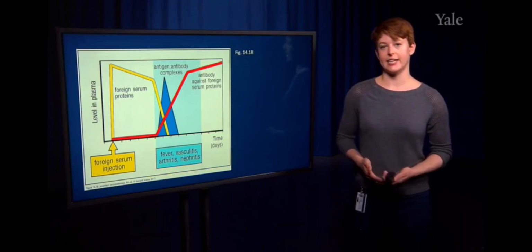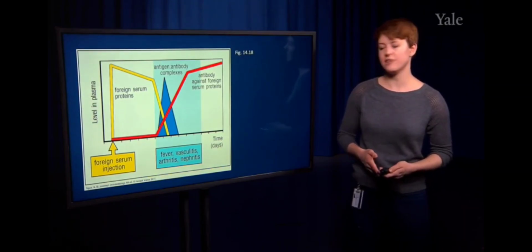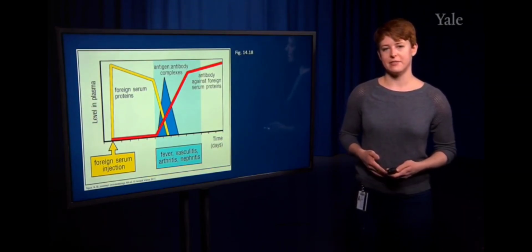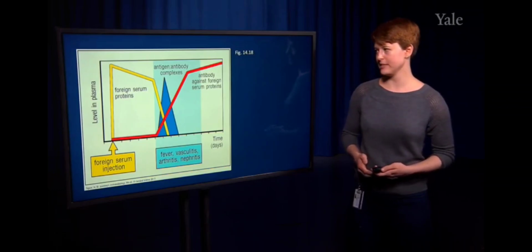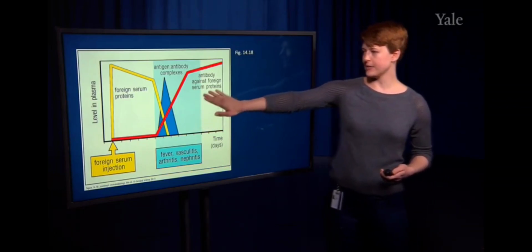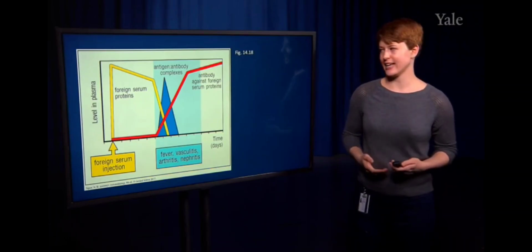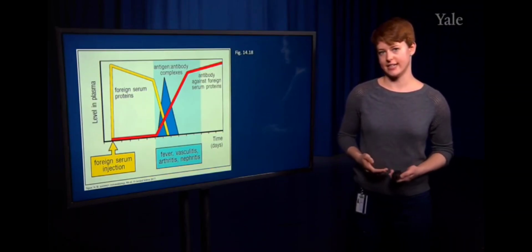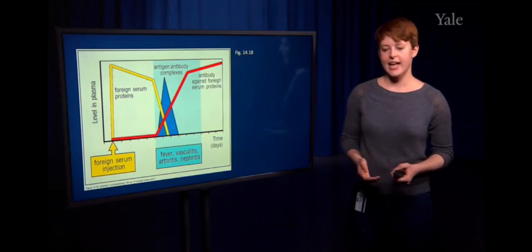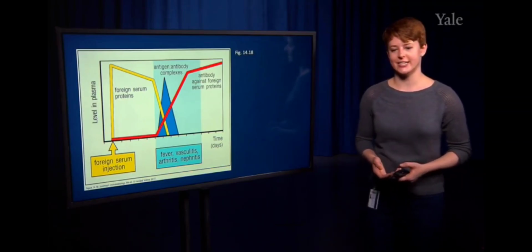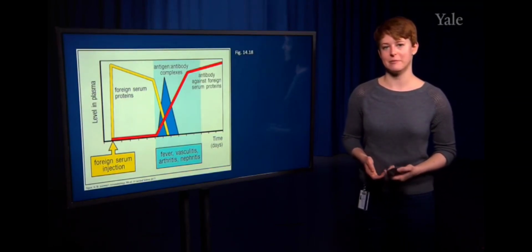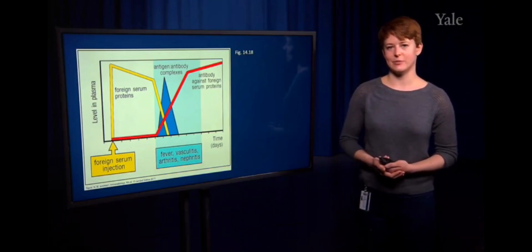Then over time, as the adaptive immune response develops, the person will develop antibody against those foreign serum proteins. And so if the same serum is injected subsequently, this process will be sped up, just as would happen in a normal adaptive immune response.